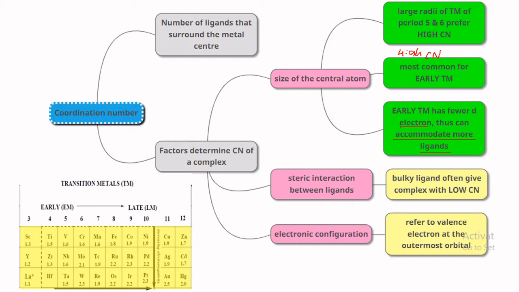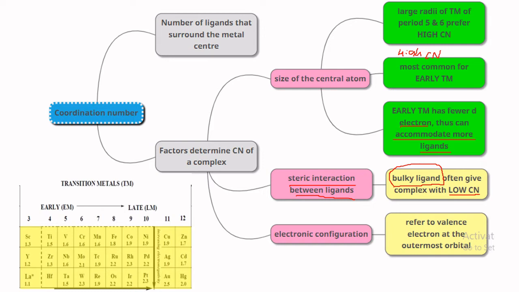meaning they can accept more ligands compared to the late transition metals. The second factor is the size of the ligand, or the steric interaction between the ligands. If we have bulky ligands, meaning ligands with a very large size, they often give you complexes with low coordination number, because when ligands come near each other, the electrons tend to repel each other.